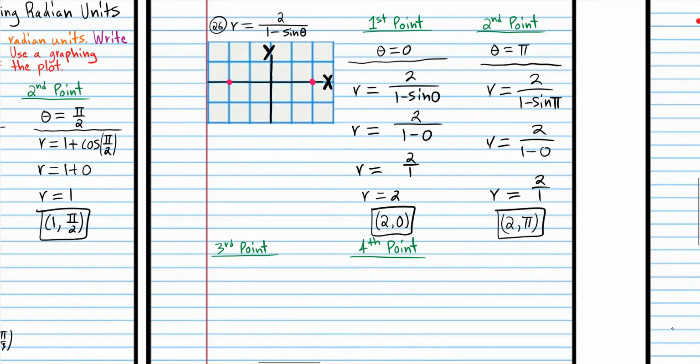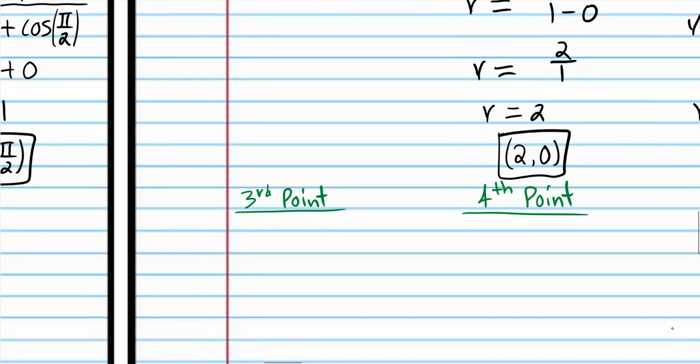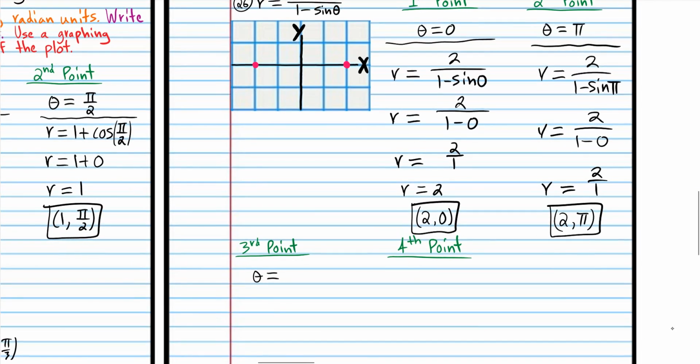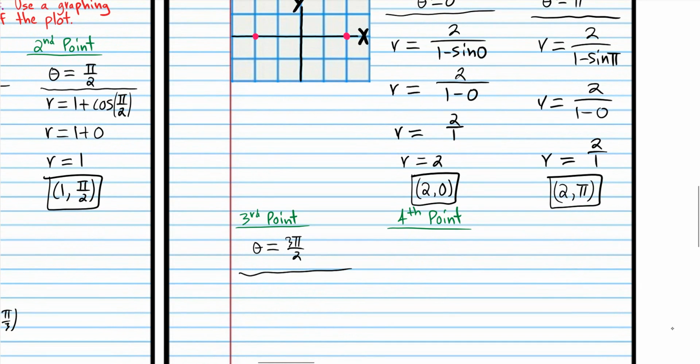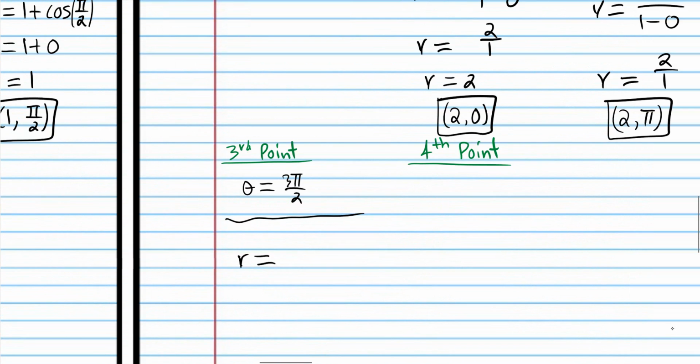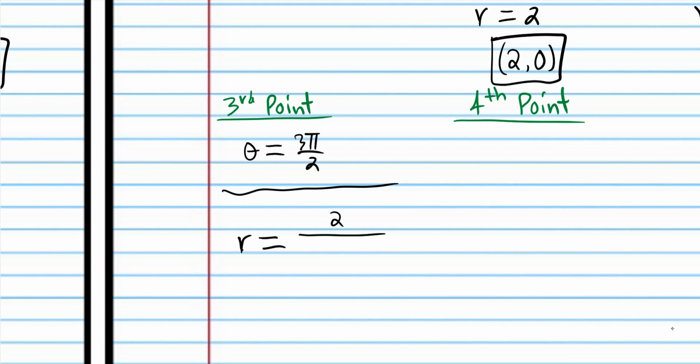Okay, let's find 2 more points. Let's try theta equal to 3 pi over 2. Again, we're going to try to stick with quadrantal angles. So r is 2 over 1 minus sine 3 pi over 2. Let's look at our graph.